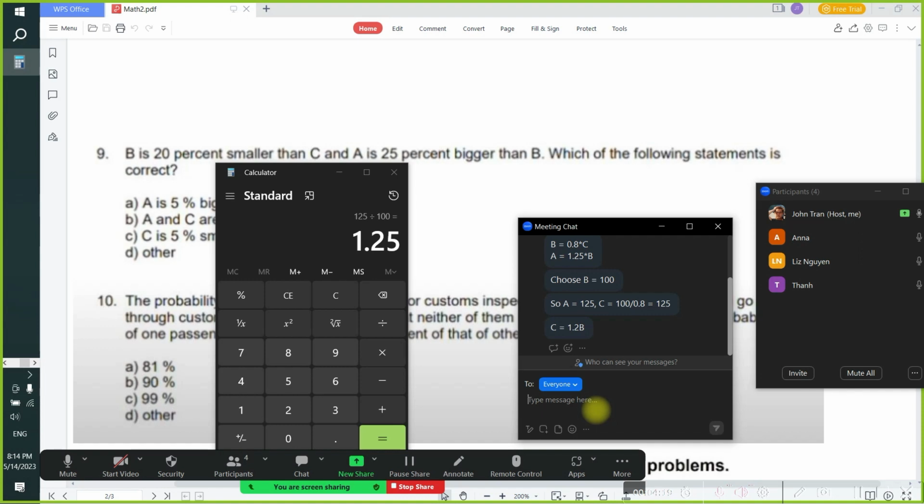Nếu mà B nó nhỏ hơn C 20% đi, thì có phải là C nó lớn hơn B là 20% mọi người? If we choose this one, C is going to be 120, not 125. Nếu mà chọn vậy thì C 120 mới đúng nhé. Sorry, C equal to 120. My mistake, please.